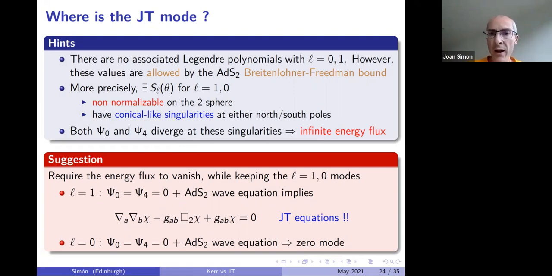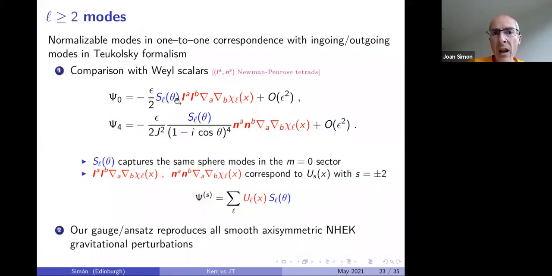This may sound like a very strong requirement, but remember that because of separation of variables, if this L is singular, if I require my AdS2 function, this differential operator, to vanish, even if this diverges, the flux will be 0. So that's one natural possible way of keeping these divergences in the game.